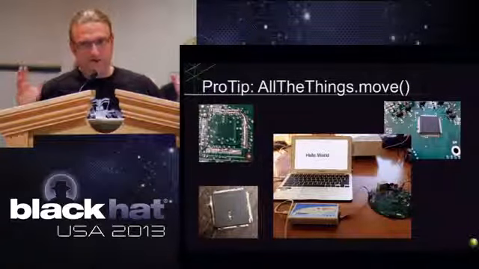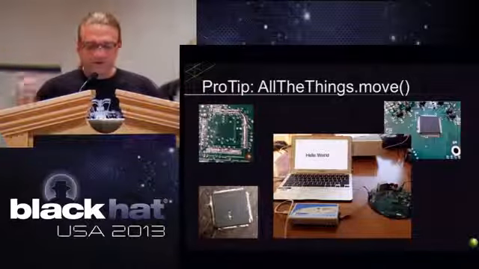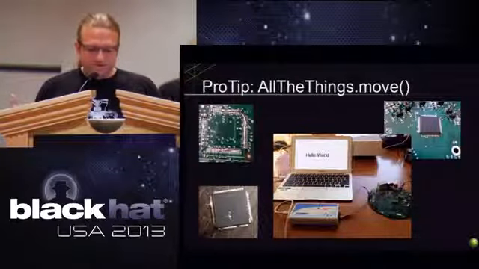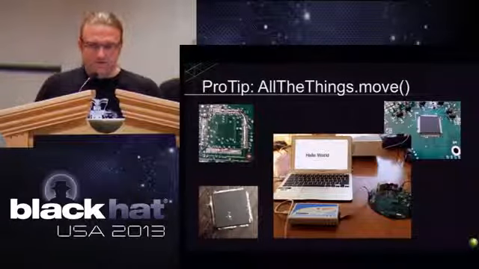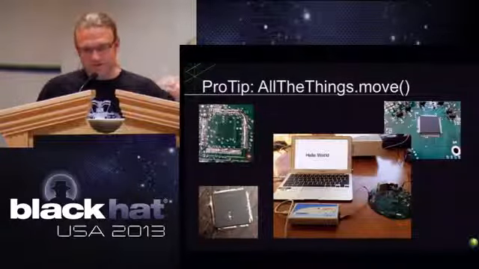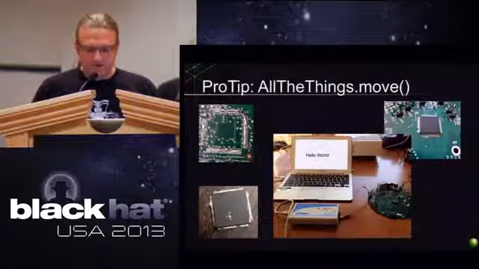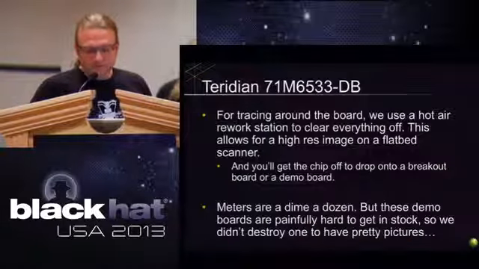JTAG is miraculously in hardware enabled again, and we can just use the standard tools to dump firmware. You can't really do that live in the field as an attack vector, but if you want just to get the device once, it's really the easiest way to go.